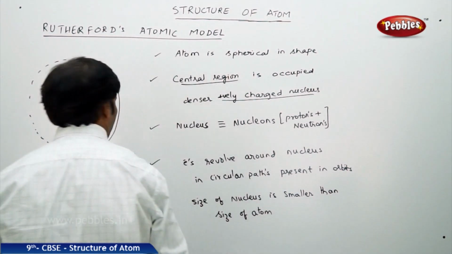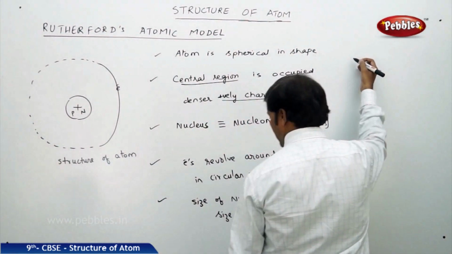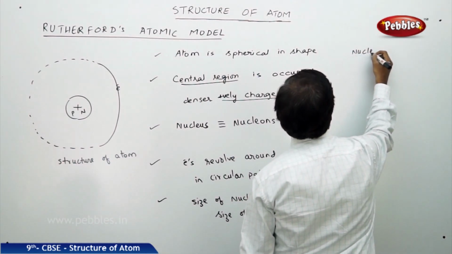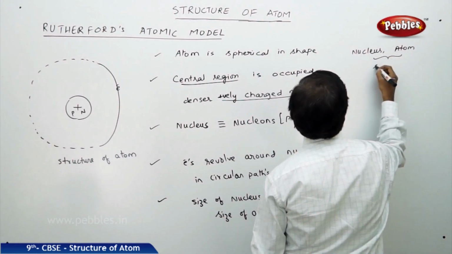So one important observation we have to make here is that the nucleus and atom are both spherical in shape.